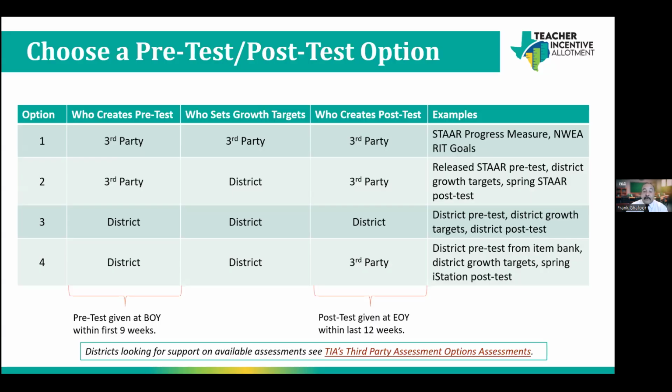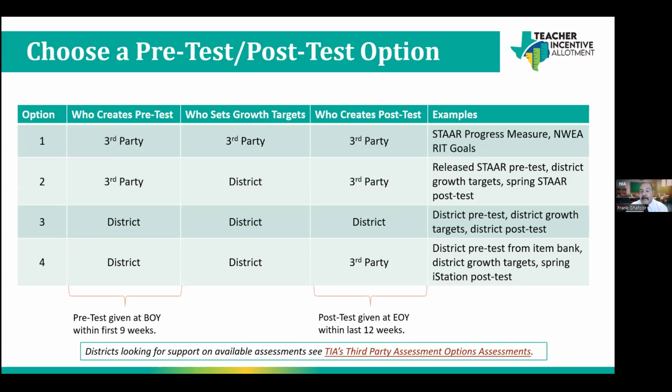That's option one. When we talk about option two, this is where the districts will have to start measuring that growth locally. That is our third party pre and post test. And what that means is the district will have to set those growth targets locally for those third party tests.